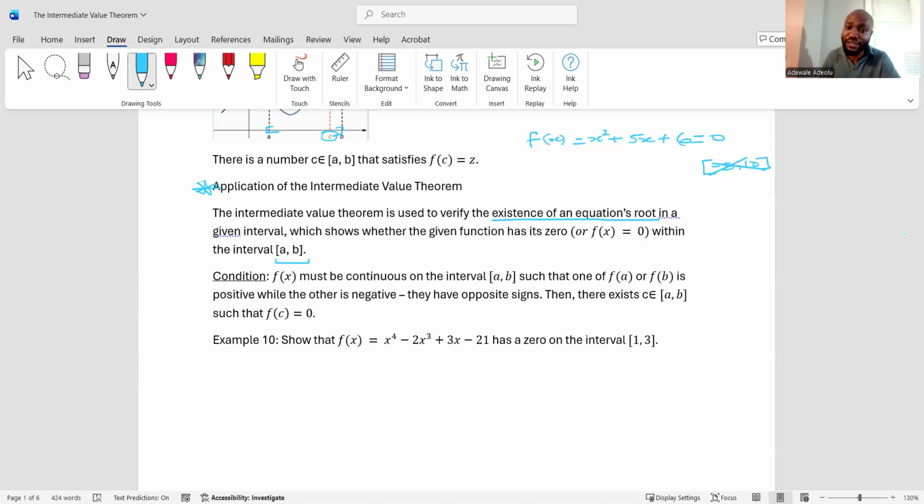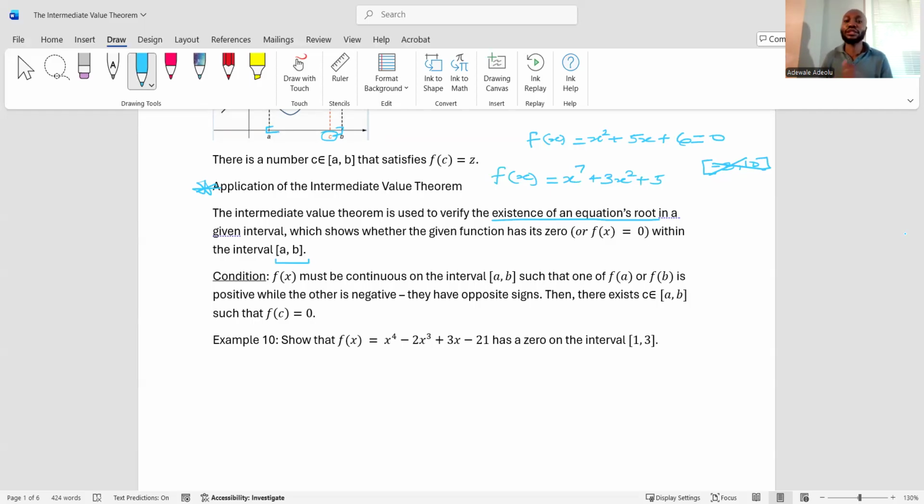However, there are some situations, let's say we have f of x equals x raised to power 7 plus 3x squared plus 5, and I say find the zeros. We are not really sure if the zeros even exist in the first place.